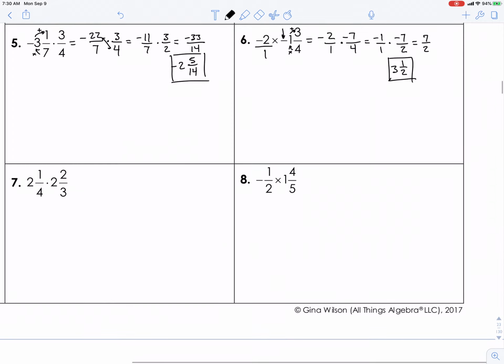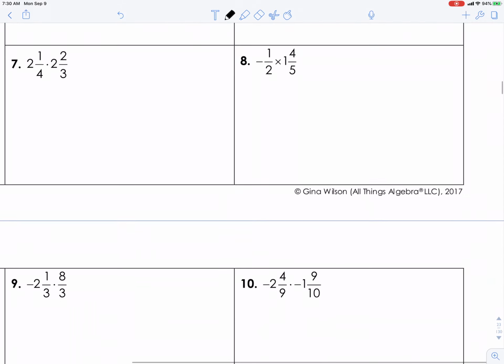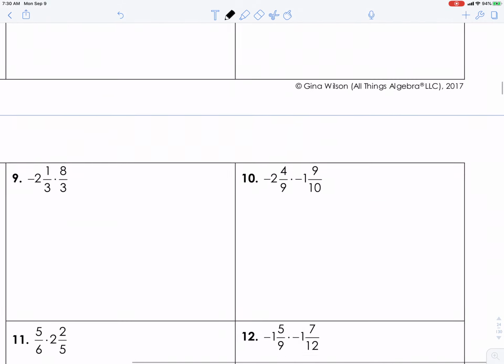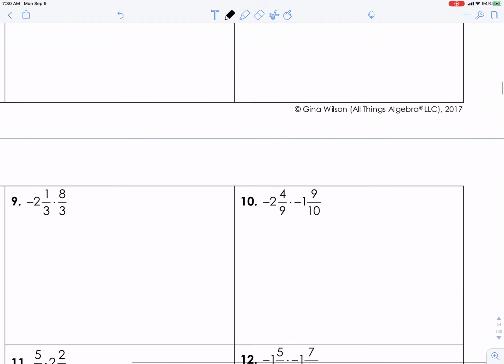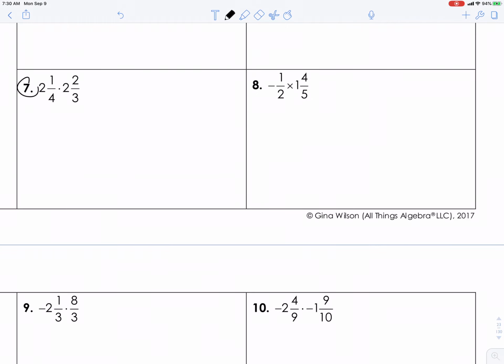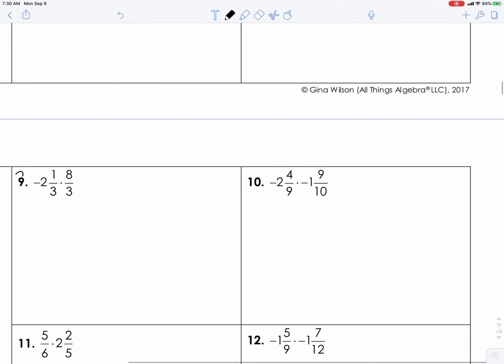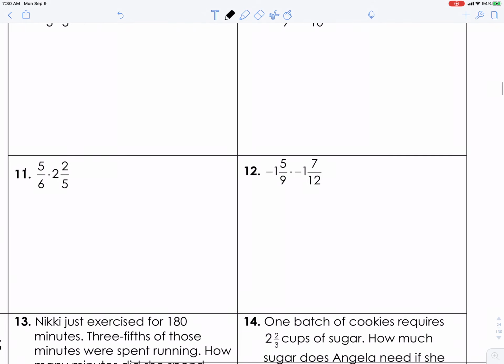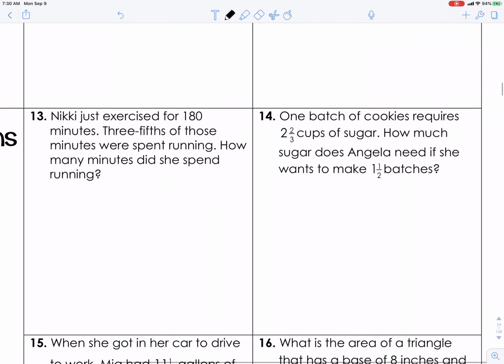Go ahead, try the odd ones. Try number 7, 9, and 11. Do 7, 9, and 11 on your own. And I will do, let's take a look at number 13, and then I want you to do 15 on your own. Okay?